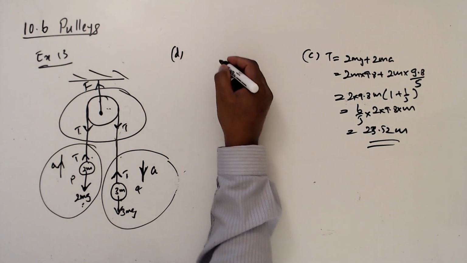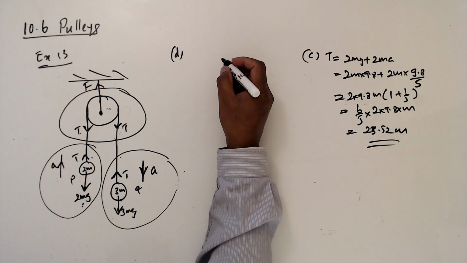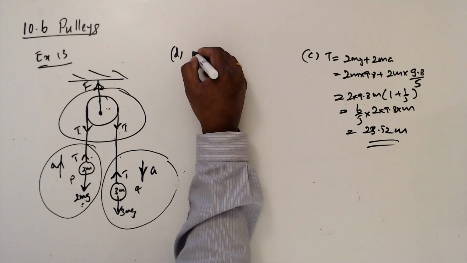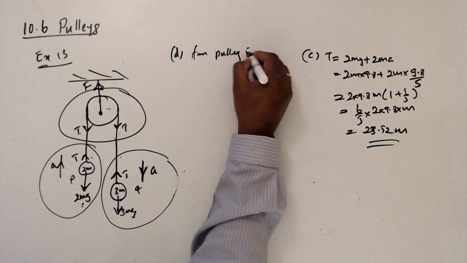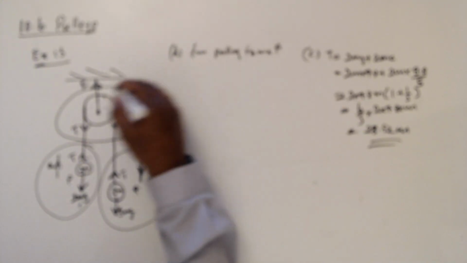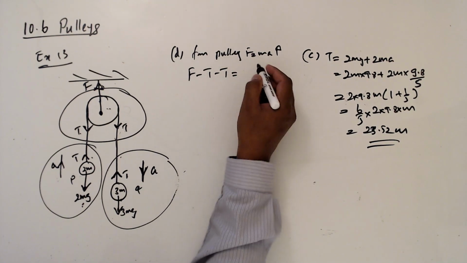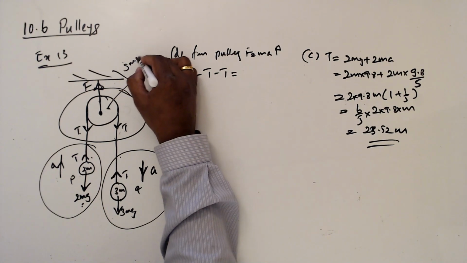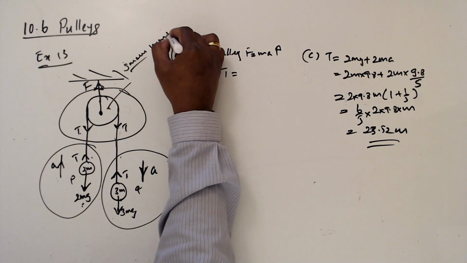Part D is find the force exerted on the pulley by the string. So basically we need to find the F. So for the pulley, we put F equal ma in any direction. So the forces, there are three forces. F minus T minus T equals... In the sum they will tell that the pulley is small, that means the mass is 0.